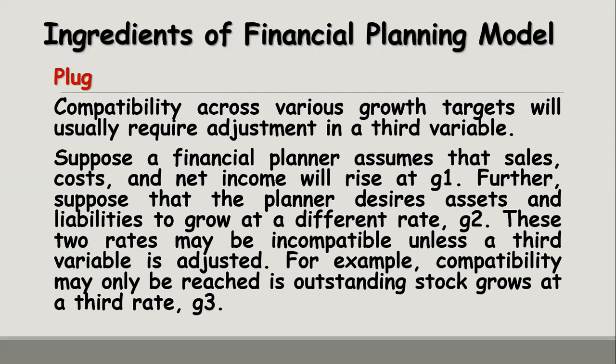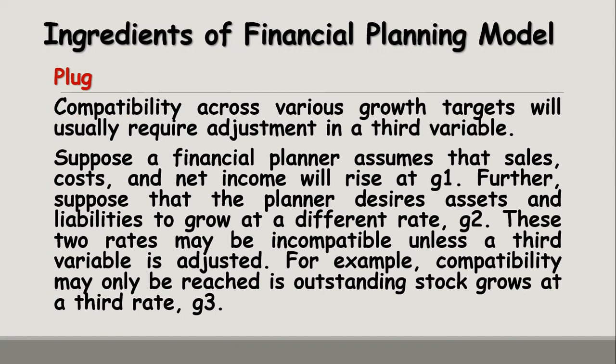Plus, compatibility across the various growth targets will usually require adjustment in a third variable. Now, across various growth targets, suppose a financial planner assumes that the sales, cost, and net income will rise at G1. G1 can be 10%.